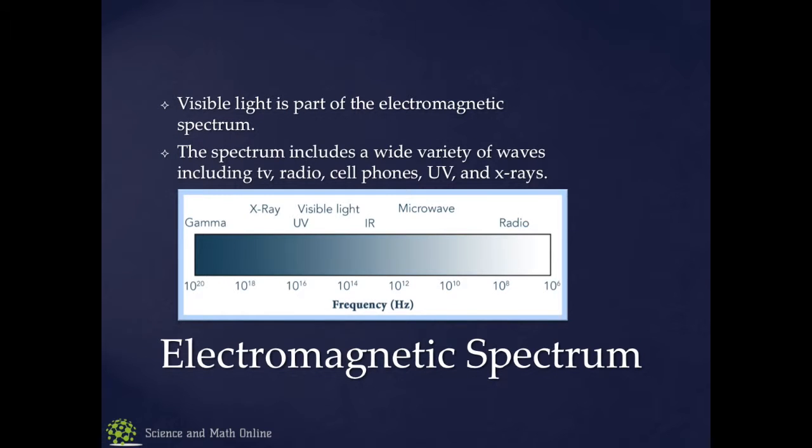This spectrum includes a wide variety of waves: TV, radio, cell phones, UV, X-rays, gamma rays. All those are included within the range of the electromagnetic spectrum. So all of these are waves, including visible light.